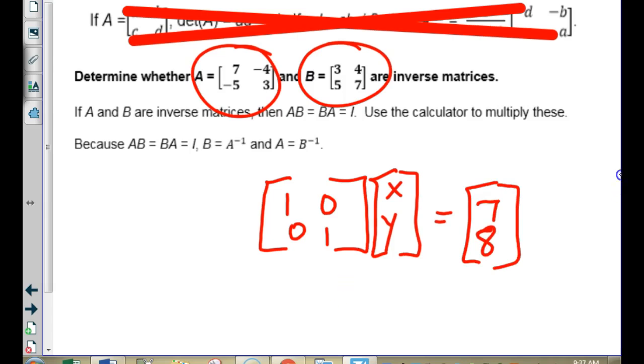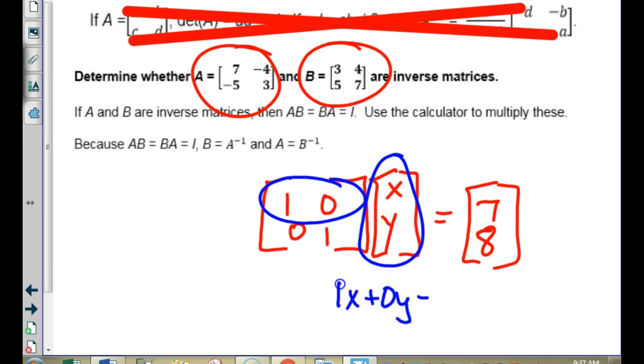I want you to practice what we just talked about with the multiplication. This row times this column would mean what? 1x plus 0y equals what according to this answer? 7. This row times this column would be 0x plus 1y equals over here 8.